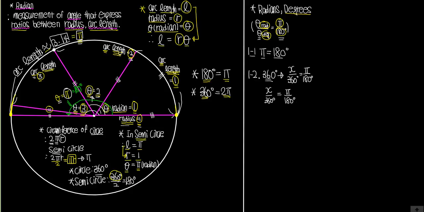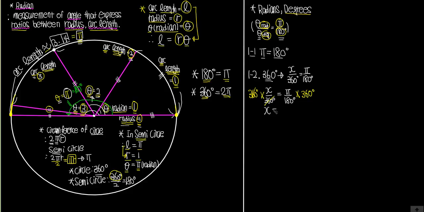To isolate the x value, we need to multiply both sides by 360 degrees. The reason we're multiplying both sides by 360 degrees is to cancel the 360 in the denominator and isolate the x term.